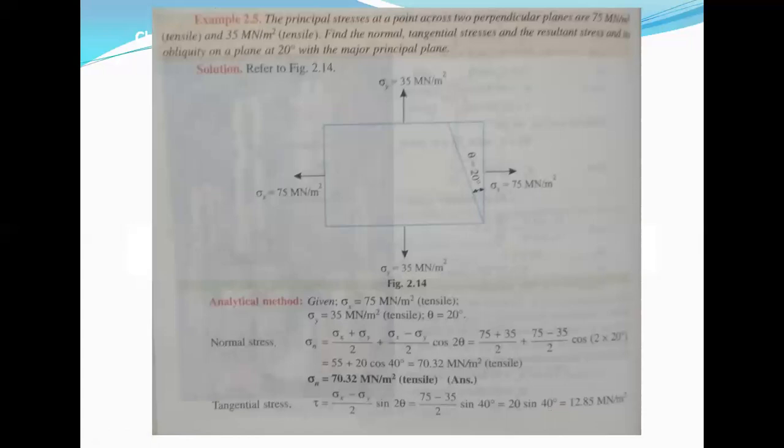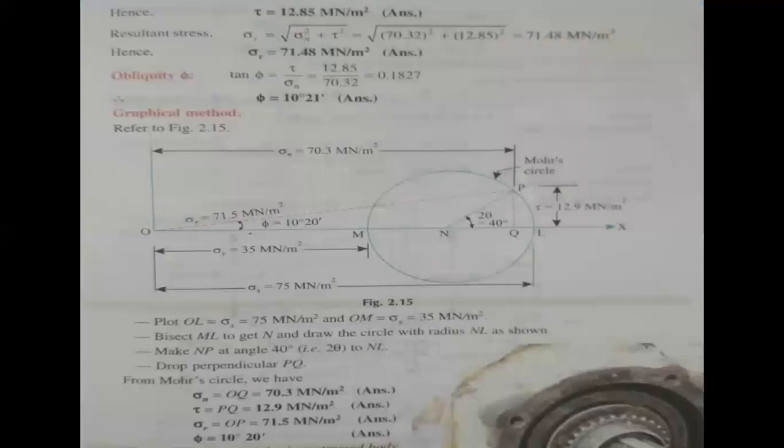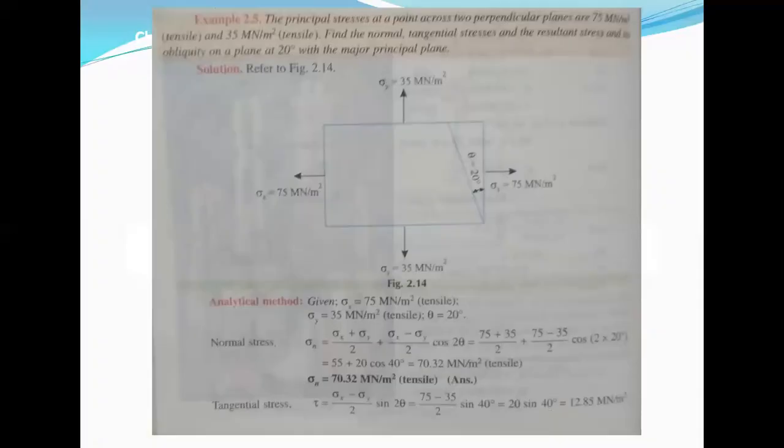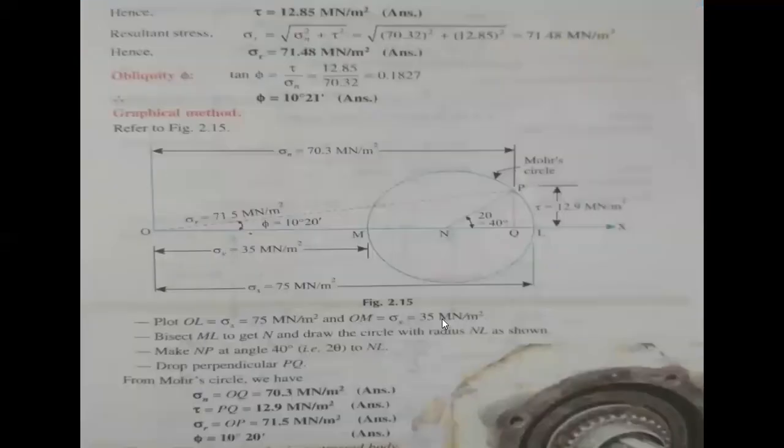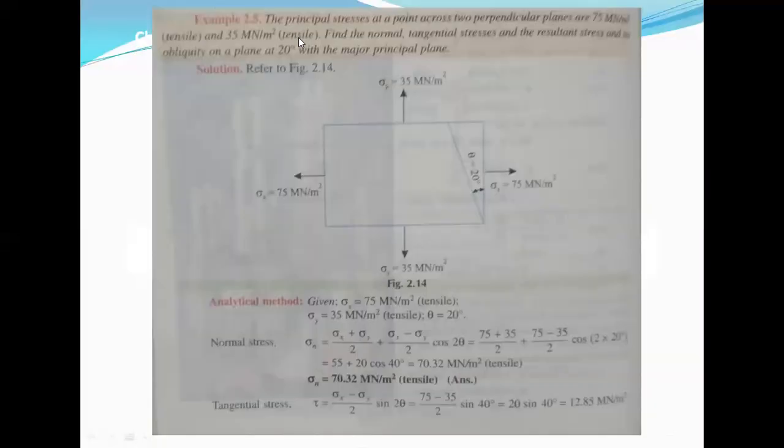So two parameters we have found. Now we come to the third parameter, and also to drawing the Mohr circle. We have found sigma n as 70.32 mega Newton per meter square and tau as 12.85 mega Newton per meter square. We'll find the resultant stress of these two, the normal stress and the tangential stress.